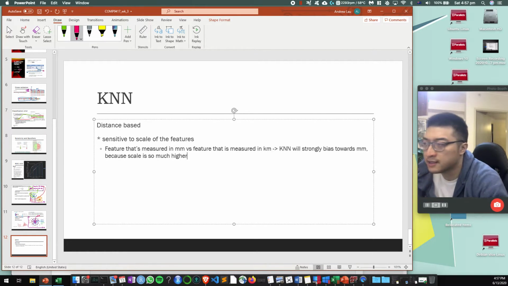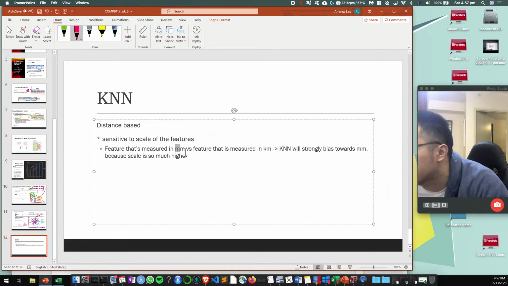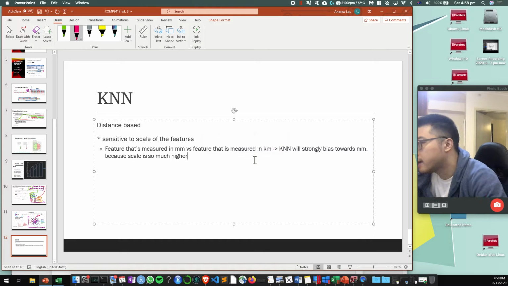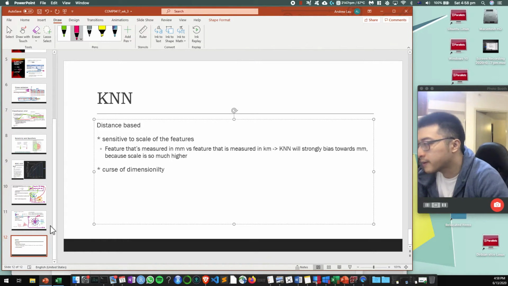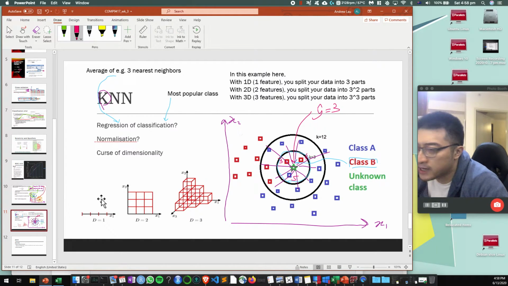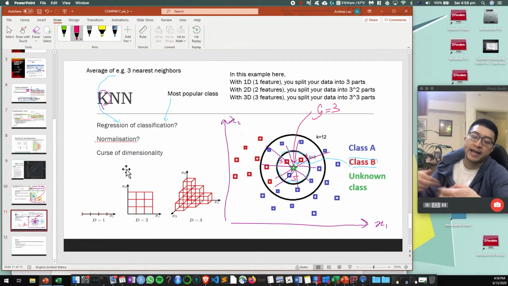And when you calculate distance, this could be in the thousands versus this could be like point something, right? That's something to keep in mind. It is also prone to what we call the curse of dimensionality, which I'll quickly talk about here, and then we'll go back to the Jupyter notebook. What is the curse of dimensionality? Now, there's 2 ways to understand it.